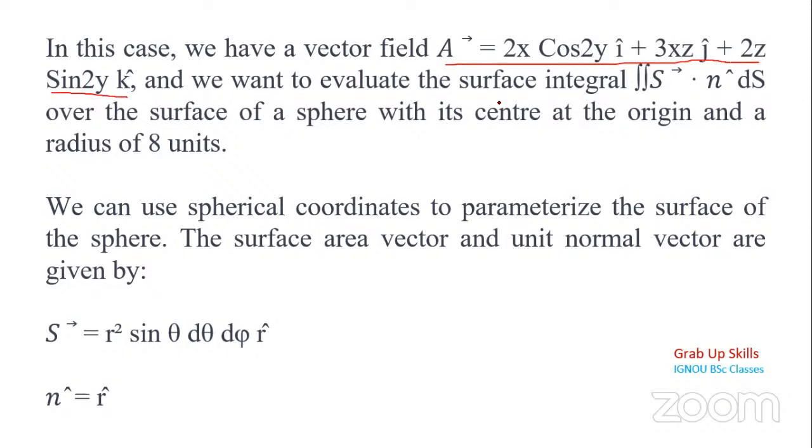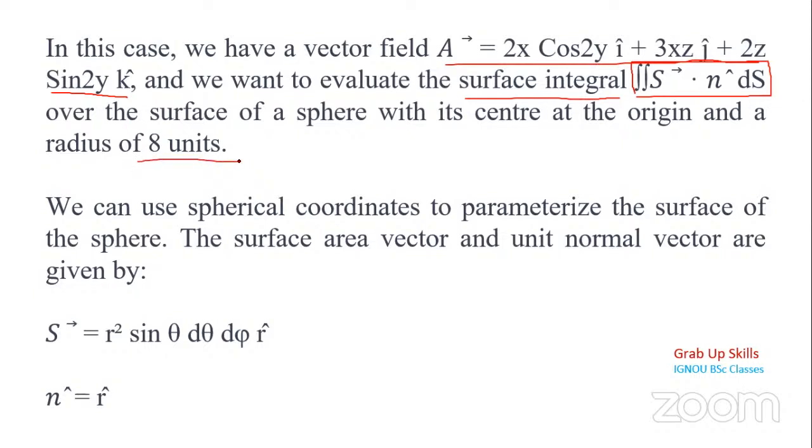Now we will evaluate the surface integral. So what is the formula for that? Integration of S vector dot n cap dS over the surface of this sphere with radius 8 units.